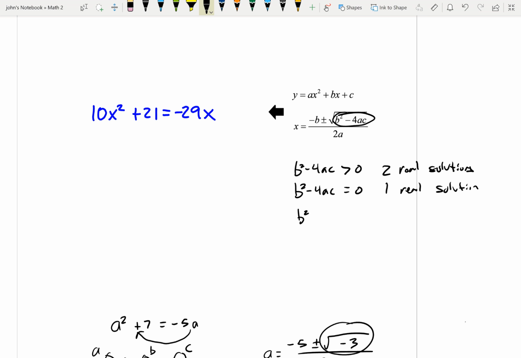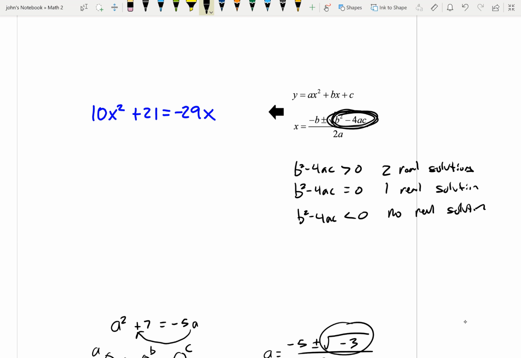If that b squared minus 4ac comes out to be less than 0, then you're going to have no real solution. So you can actually, by looking at that b squared minus 4ac, tell what kind of answer you're going to end up with.